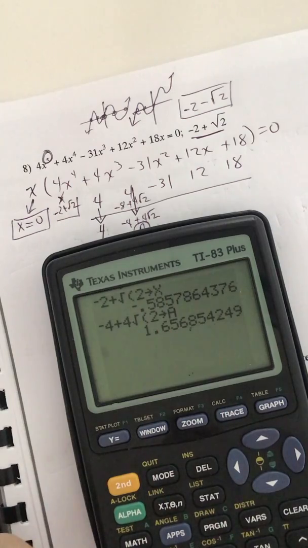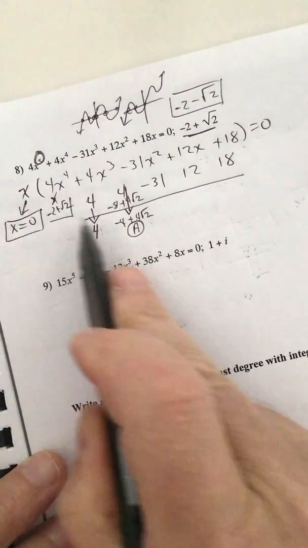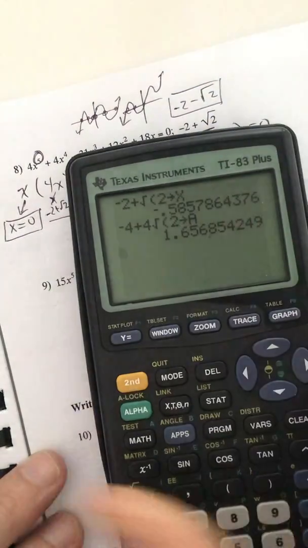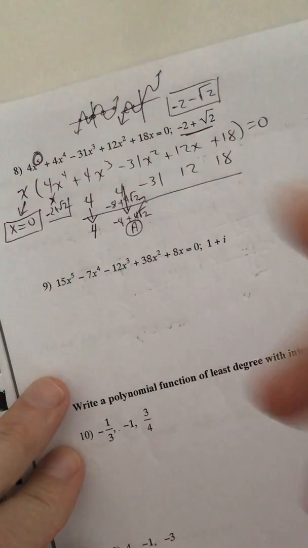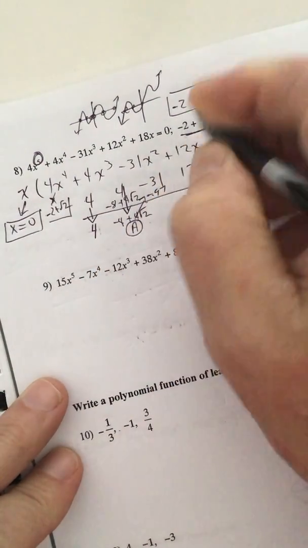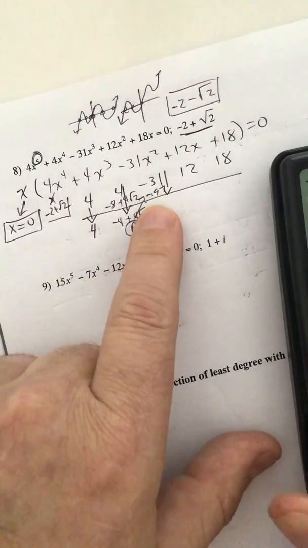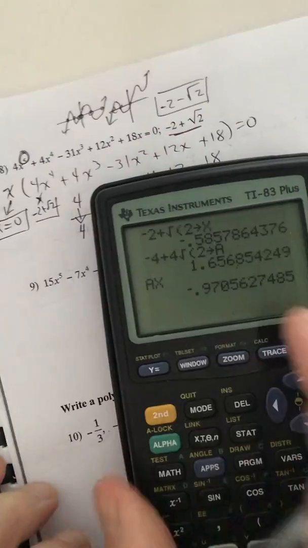So it's somewhere around 1.6. Now I need this one times this one to go up here. So I need A times X to get up there with that 31. So now I'm going to do A times X. That's about negative 0.97. Now I need to add that with negative 31.